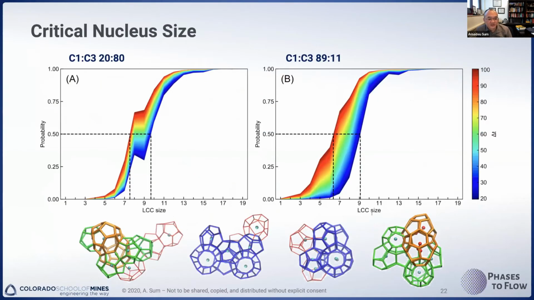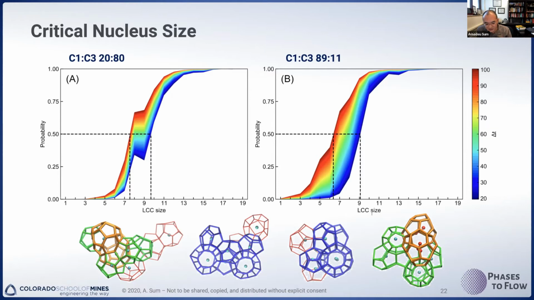And so from this set of simulations, we are able to extract a critical nuclear size, right? And we are looking for the range of the critical nuclear size where we have a probability of either growing or shrinking, right? And depending on the time that you consider for this event to happen. And so we are able to identify this for the different systems.